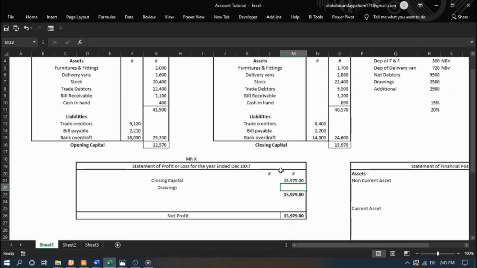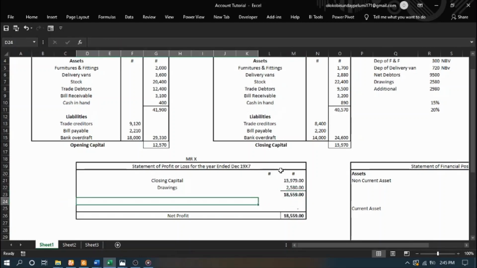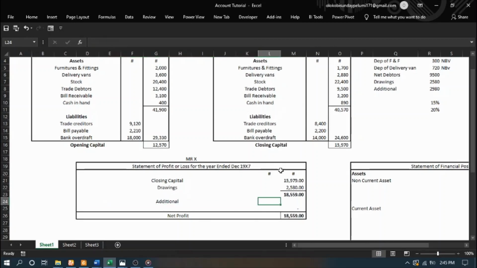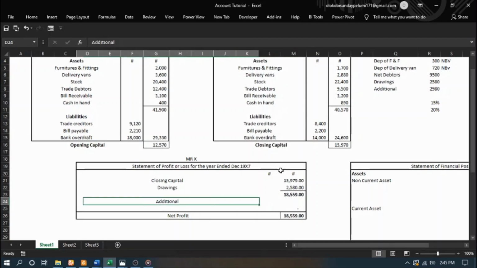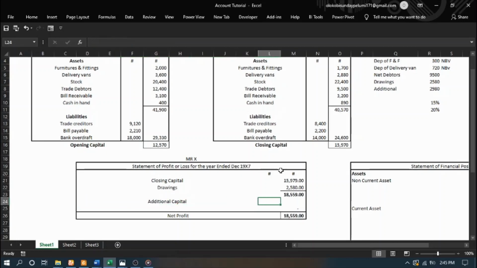And that is 2,580. So that has been summed. And also we have to deduct our additional capital. So what is our additional capital?